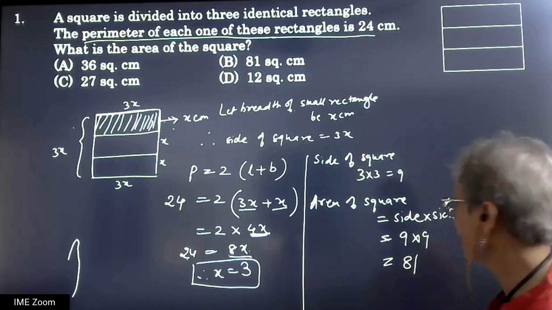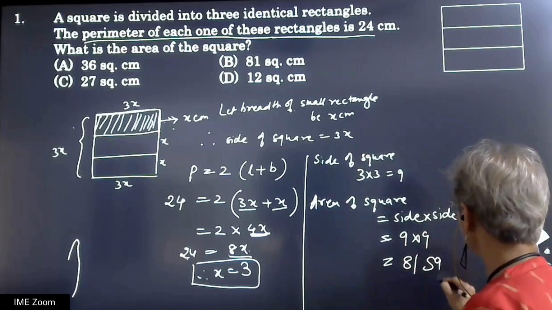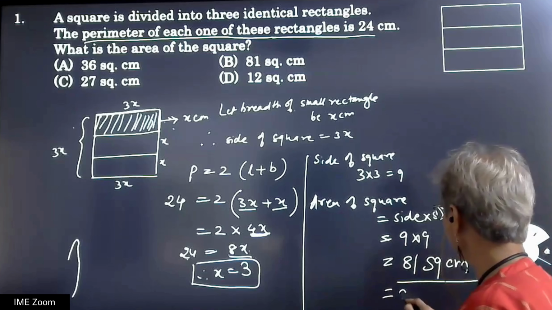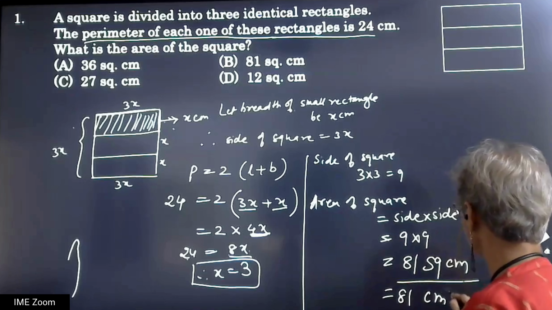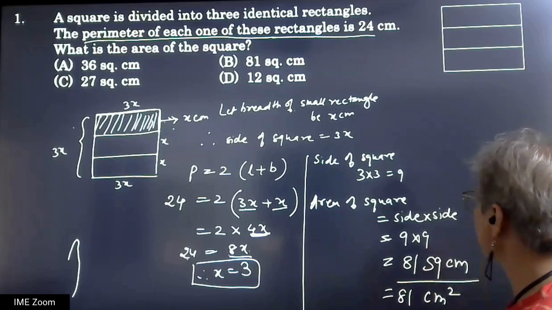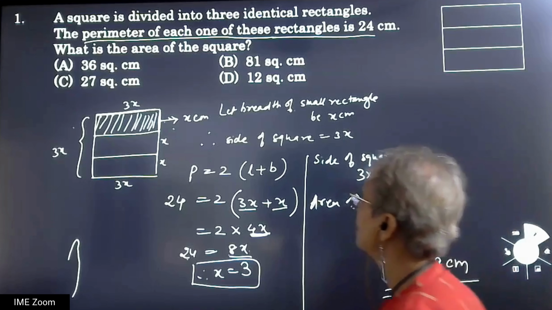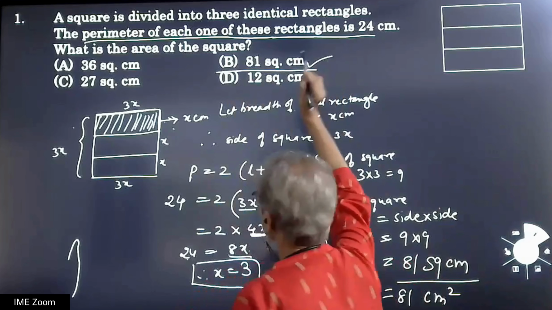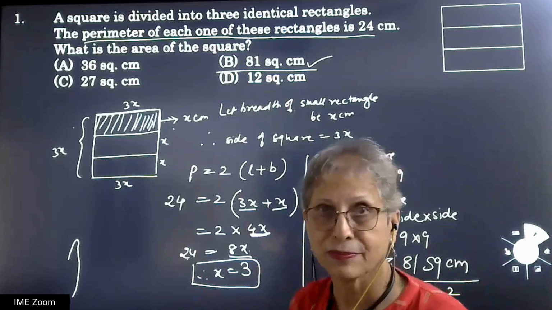The unit of area is always square centimeters, or we can write 81 centimeter square. Both are correct. So the answer is 81 square centimeters. Here it is option B, 81 square centimeters. This is the correct answer.